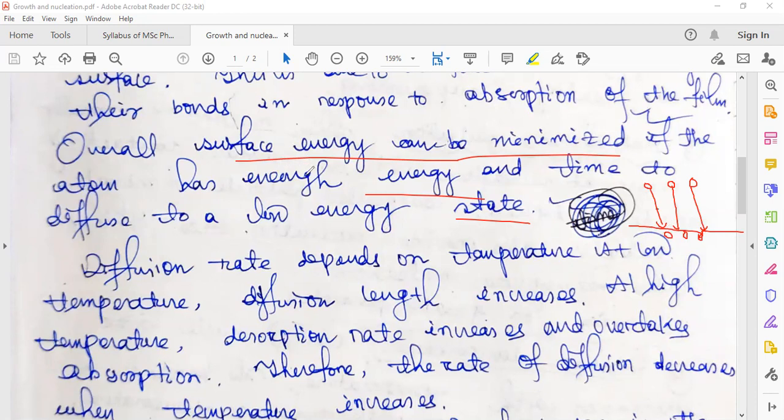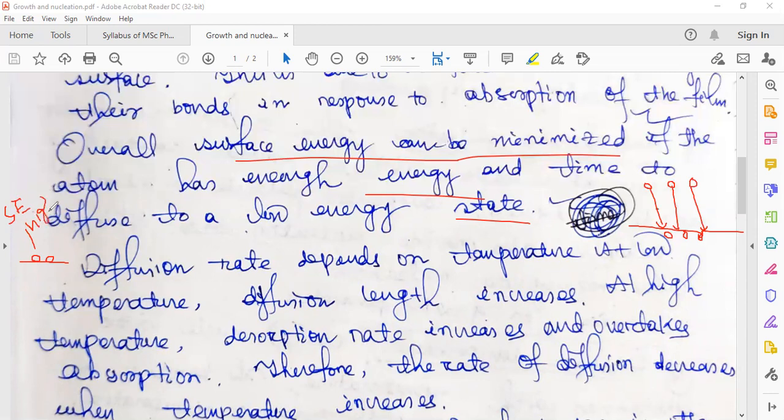Otherwise, if these atoms don't have enough energy, then what will happen? In that case, they will just stick to the surface of the substrate, and then they will try to accommodate on the substrate, and the surface energy, let me write it as SE, will be quite high.